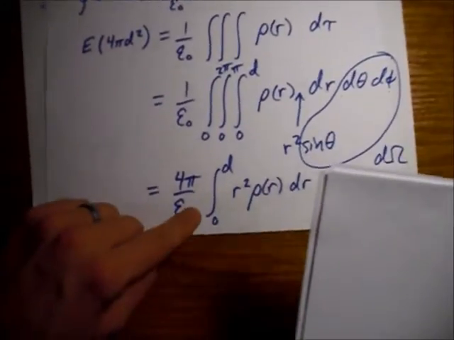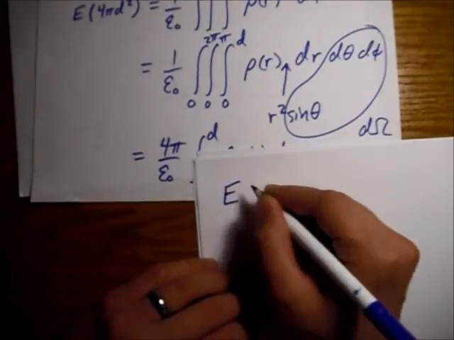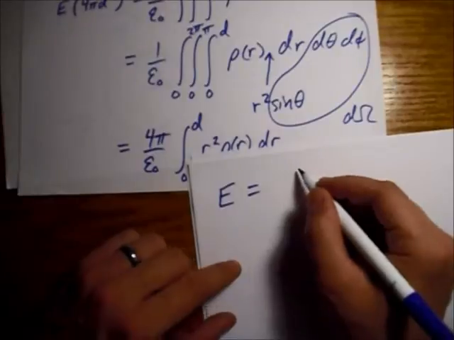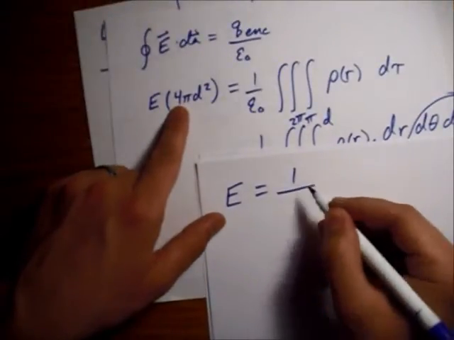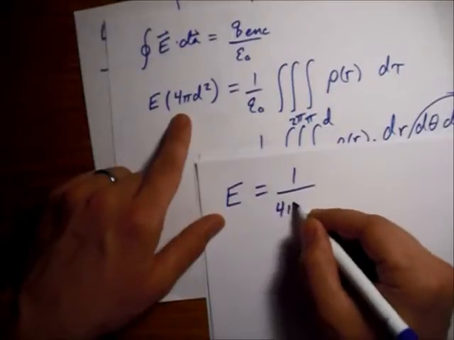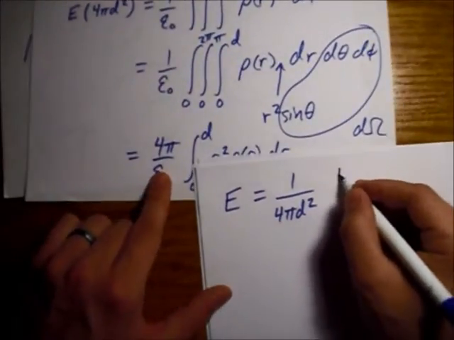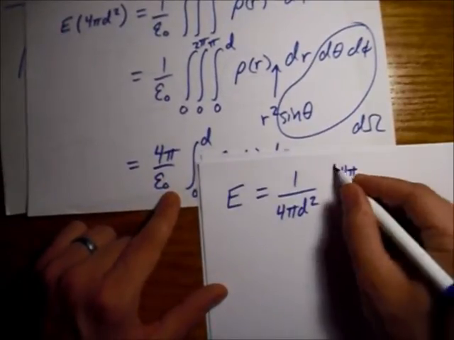Should we go ahead and divide by this? Let's divide. So we'll just have an E on the left-hand side, and on the right-hand side, I'm going to divide by this, so 4 pi d squared, and then we have our 4 pi over epsilon naught.